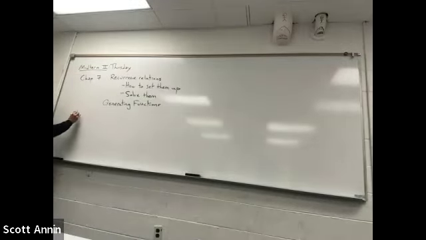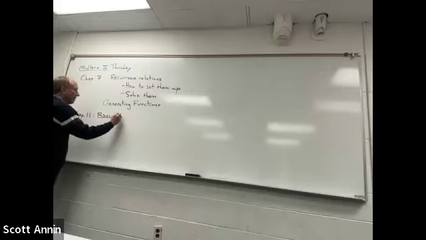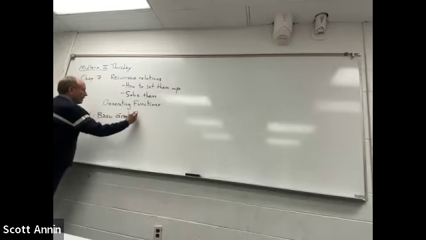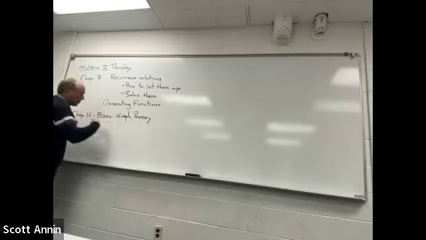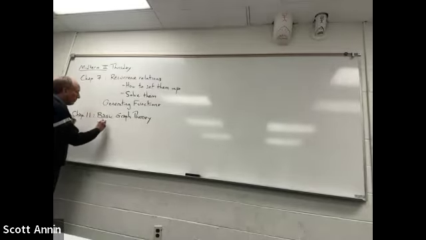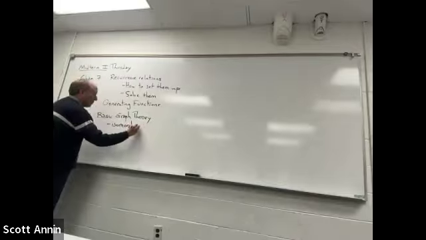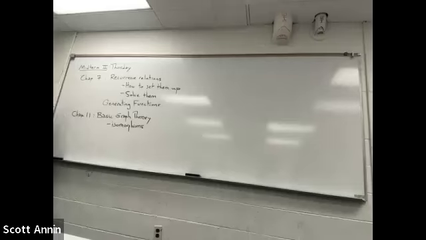Then we jumped ahead to chapter 11, which is basic graph theory. There's a lot of terminology in the graph theory portion. Some of the main highlights were things like isomorphisms, so knowing if graphs are isomorphic or not.